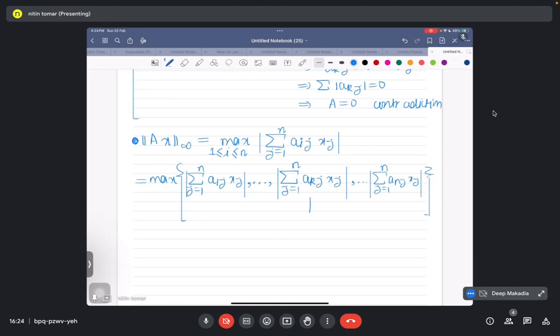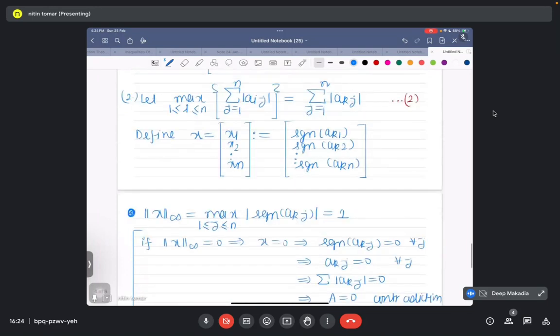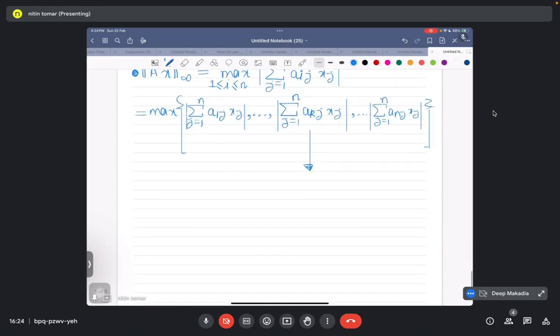Now you look at this particular one. What is akj xj? How is xj defined? Xj is defined as sine of akj. Am I correct? So this is akj sine of akj. And can anyone tell me what it should be? It is nothing but summation mod akj, right?